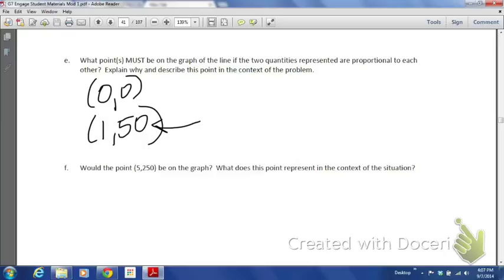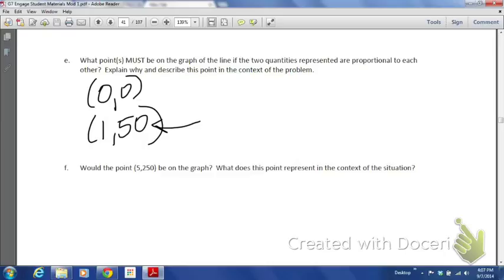Now, that is an interesting question. What does this point represent in the context of this situation? Okay, so they're asking, would the point, that's not 5,000, excuse me, I thought it was a typo, but no, the point 0.5, comma, 250 be on the graph.